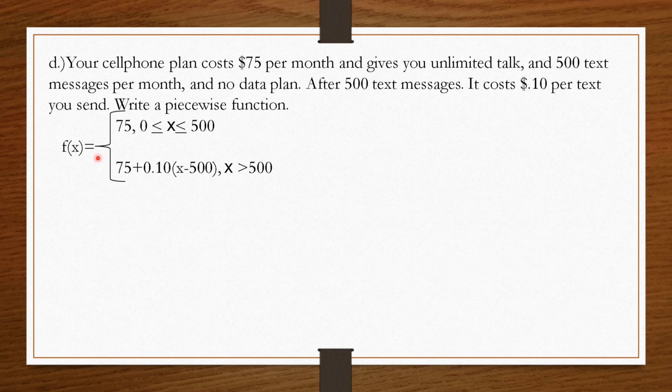You'll pay $75 if your messages are greater than or equal to 0 and less than or equal to 500. Then you'll pay 75 plus 0.10 parenthesis x minus 500 if your messages are greater than 500.